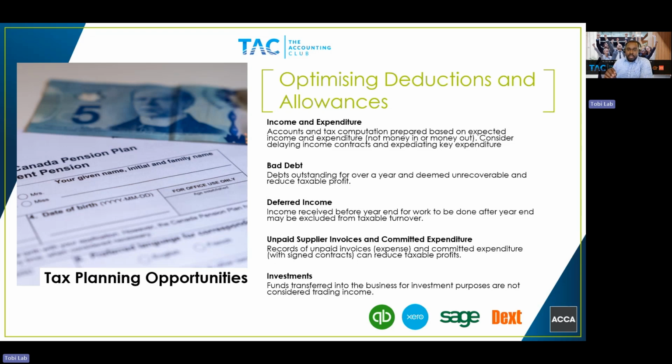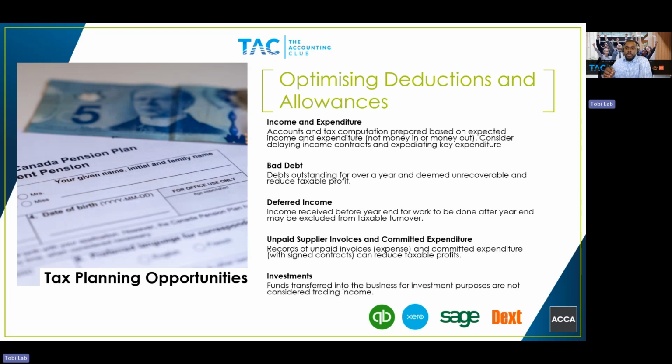Make sure you log that invoice into your bookkeeping records or provide it to your accountant, and then they can make a deduction, and then you can pay for that after December. As long as you have the contract, you have committed yourself to that expenditure, we can claim that as a tax deductible expense.